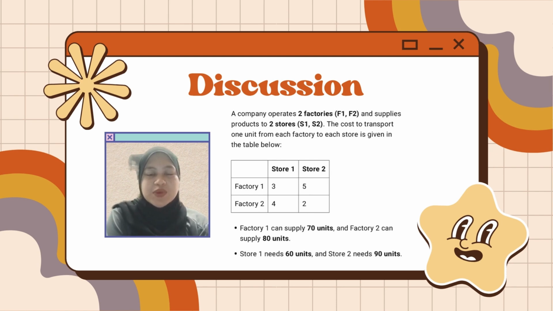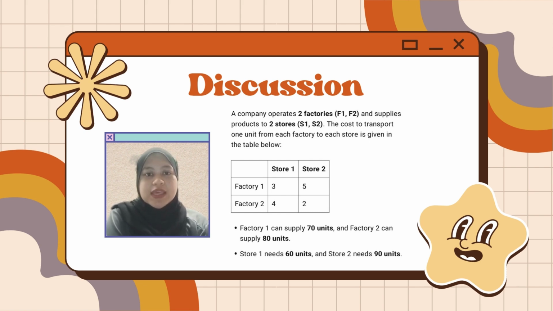Here is an example question for a transportation problem setup. A company operates 2 factories and supplies products to 2 stores. The cost to transport 1 unit from each factory to each store is provided in a table.